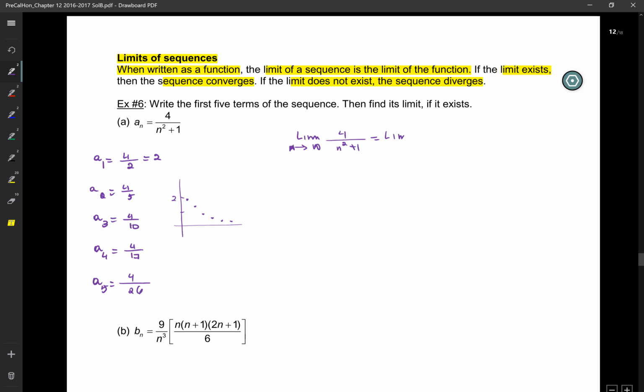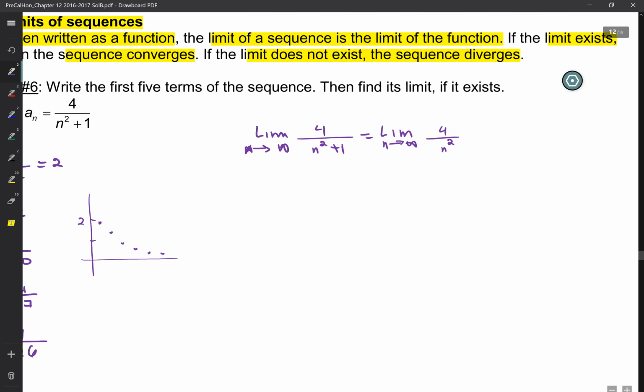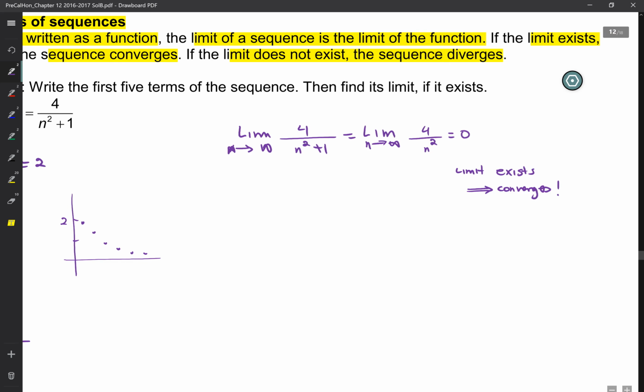Well, this is just the limit as n approaches infinity of 4 over n squared, right? And what happens if the denominator gets infinitely large? It gets infinitely small and it goes to 0. And because the limit exists, this converges. All right?